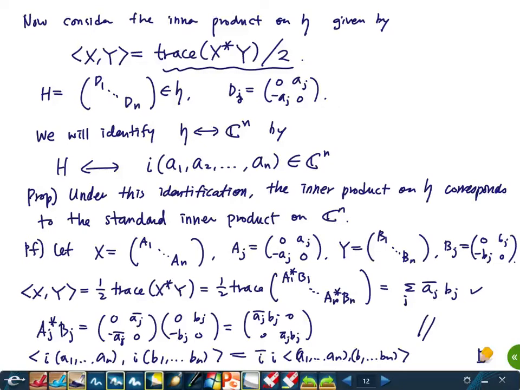Okay, now we have initially H, but we can move them into C^n, and we found roots in H, so we want to know what they correspond to in this C^n. They also have a nice interpretation or formula as elements in C^n under this correspondence.